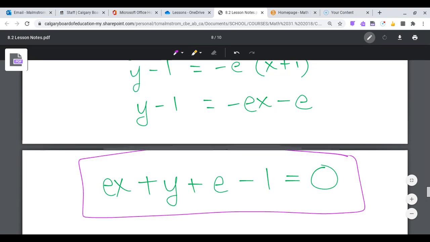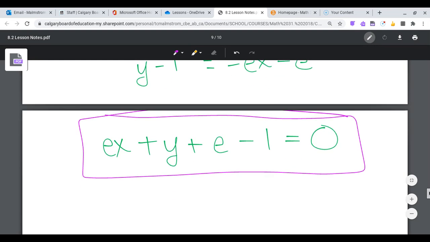And there is the equation in general form. I didn't say to write it in general form, so you might have chosen to write it in slope y-intercept form, which would have been y equals negative ex minus e plus 1. I like this one.